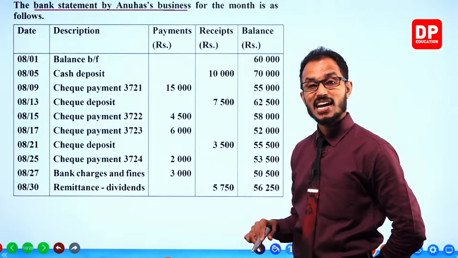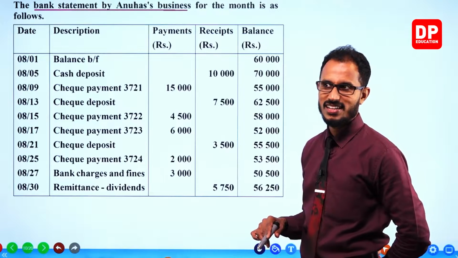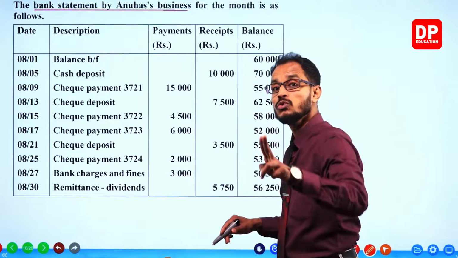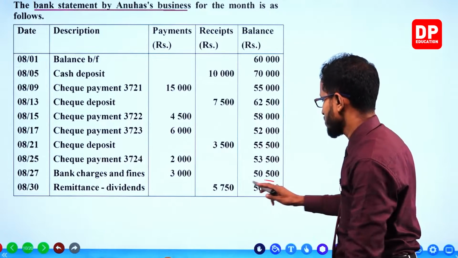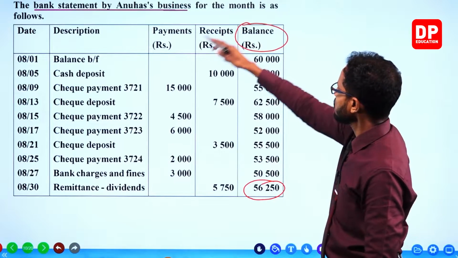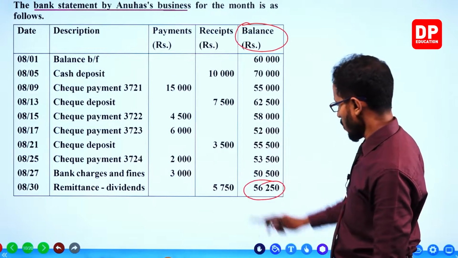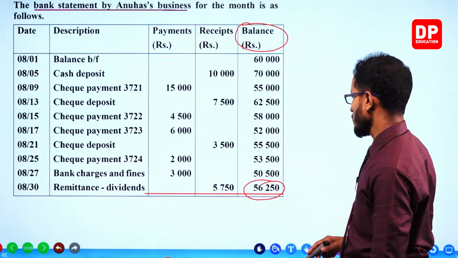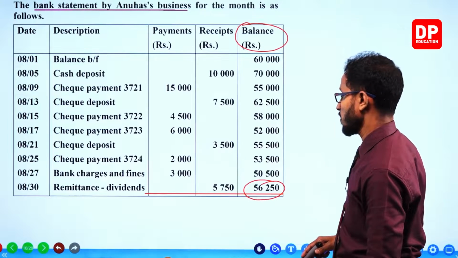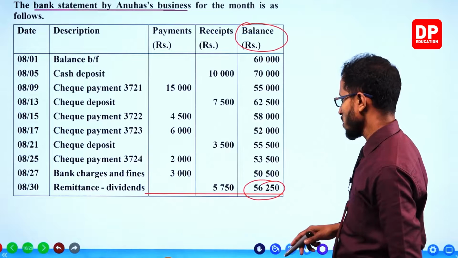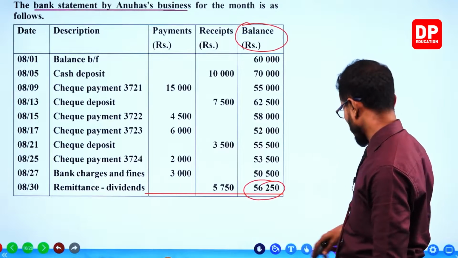Anuhas's bank account final balance. You must check this final balance. This is the balance column. The last row of the balance column is the final balance. Final balance 56,250.